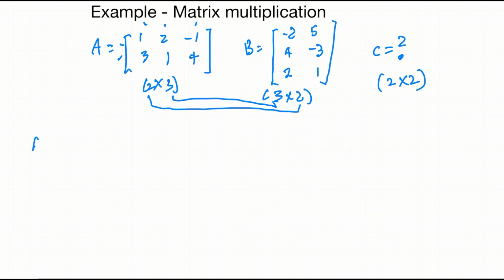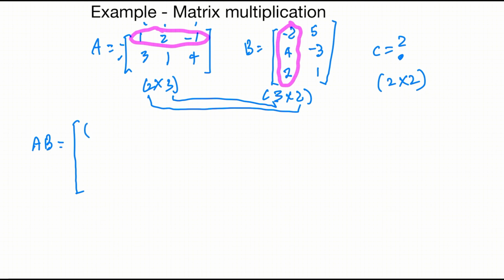So let's do this. A times B. Now, that long summation turns out to be simpler than that. We can reduce it down to this row times this column is going to be our first entry. So it's going to be adding and multiplying.